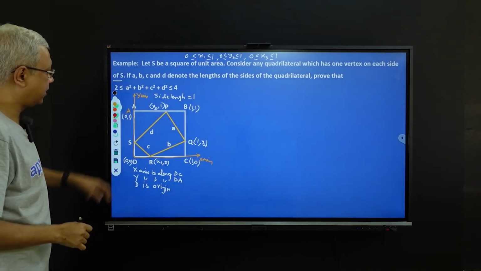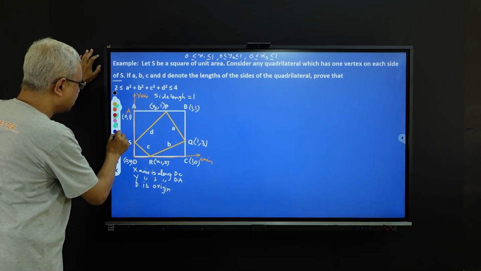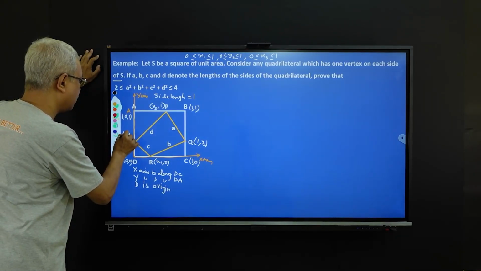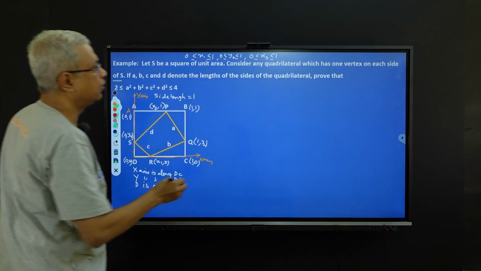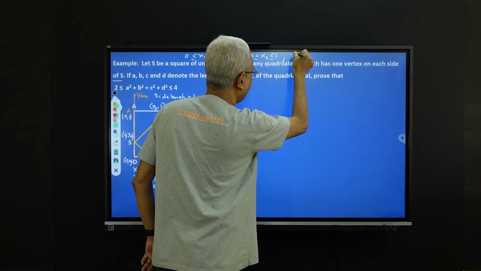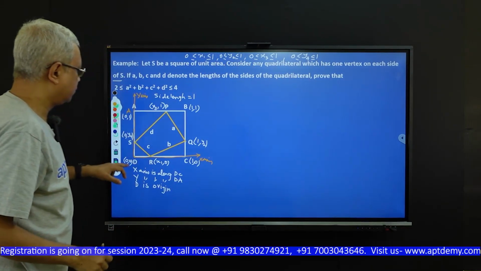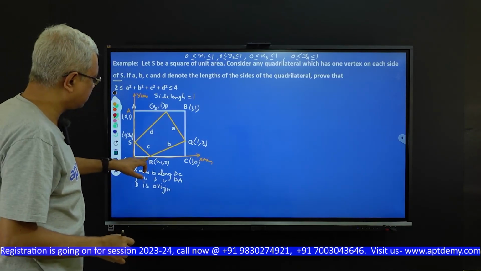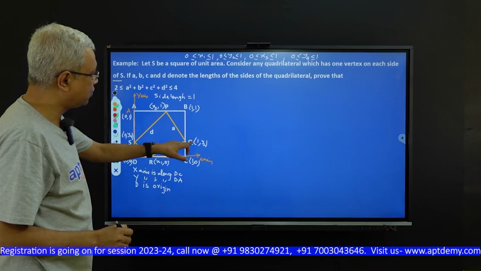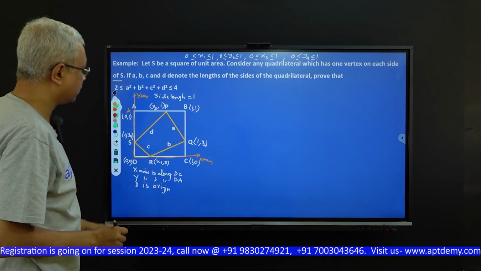And the coordinate of S will be (0, y4). So I can write the coordinates of R, Q, P, S as (x1, 0), (1, y2), (x3, 1) and (0, y4).